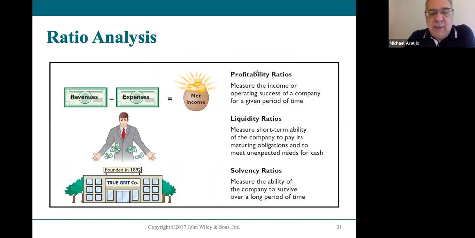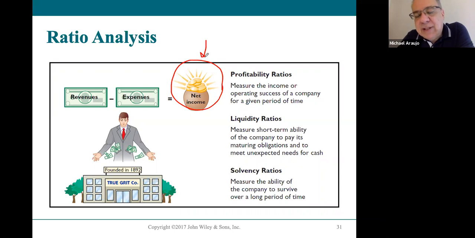All right, so again, profitability ratios are looked at. As you know, this is the income statement: revenue minus expenses gives you net income. Well, you understand that the net income is owned by the owners, right? If there's any profits, the profits are for the owners. Well, corporations are broken into many shares of ownership.